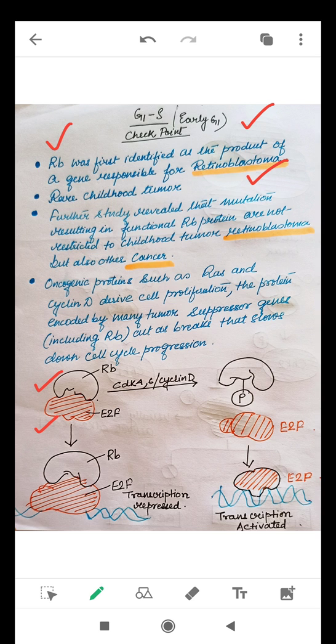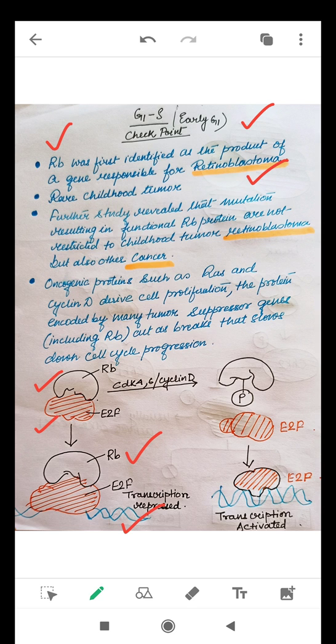So when RB interacts with E2F and this particular complex is formed, E2F is not able to work properly. E2F is inhibited, so transcription is repressed.